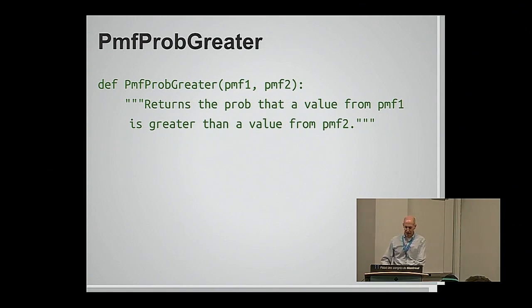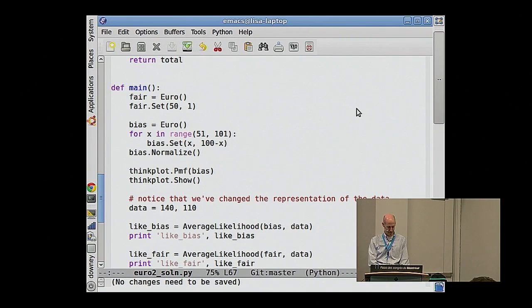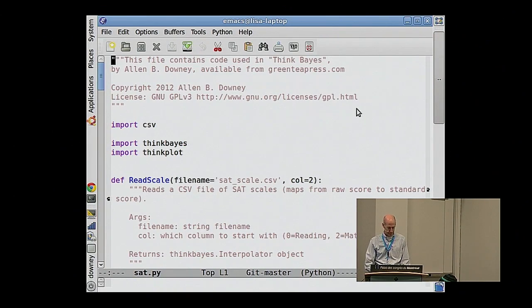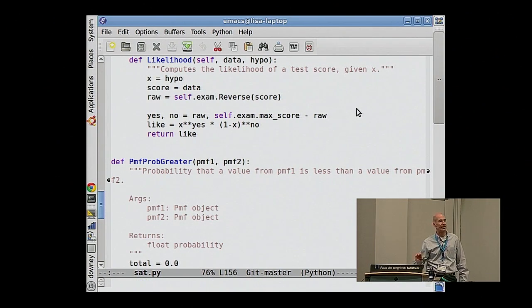We'll take a look at the file, and then I'm going to give you a hint on how to do this, because you don't have enough information yet to be able to do this. So if you like, take a minute to look over this file. This one is a little bit more involved than the other examples because I have to read some data.